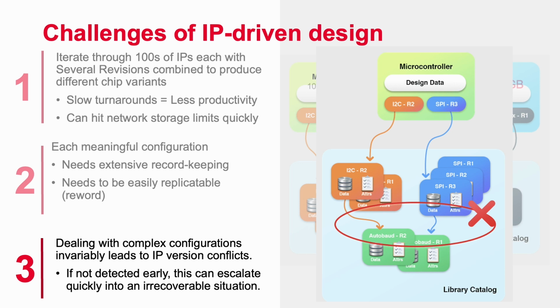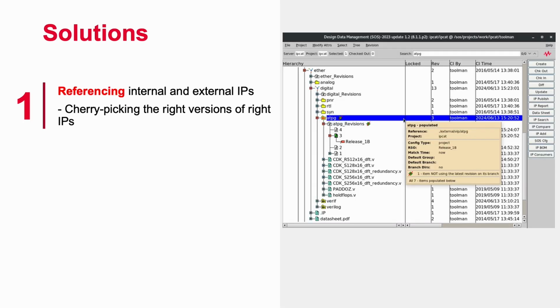So you want good reports that tell you which IPs are being used, but also if there are conflicts, such as different versions of an IP or the same IP being used twice in the same design, that would be a red flag. So for some of these challenges, what are the solutions that we offer?